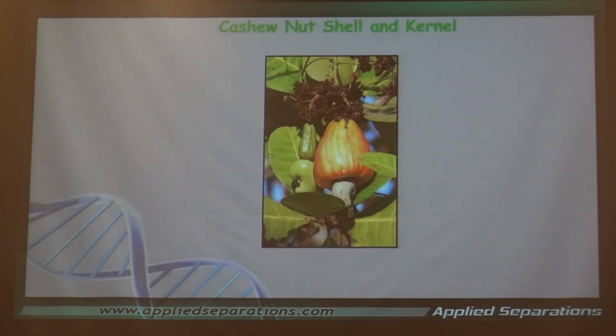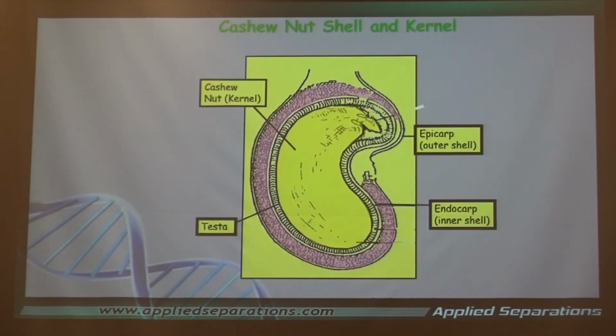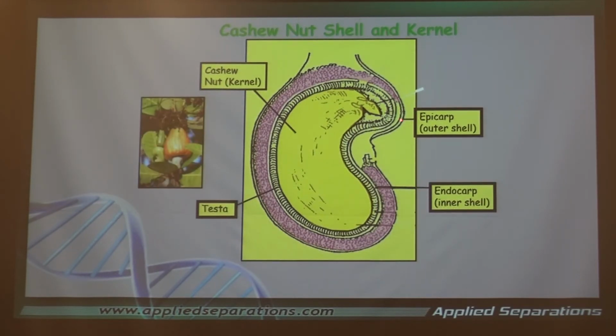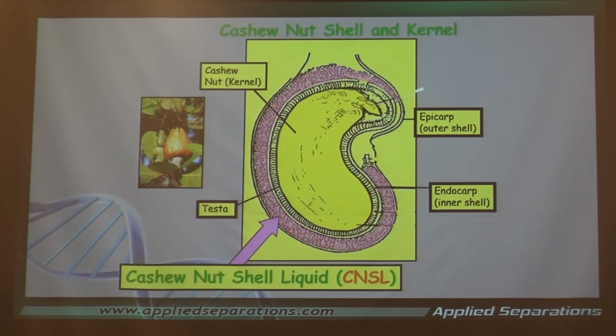Here is the cashew, and this is the area that we're talking about, the area between the epicarp and the endocarp. This whole area here, in purple, is the cashew nut shell, and this is a very valuable product.